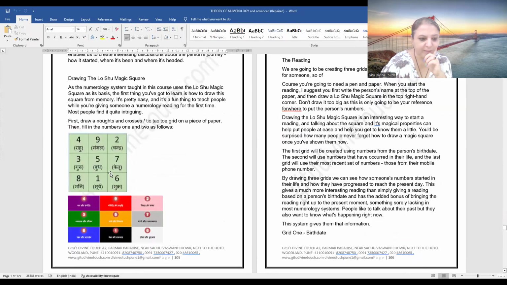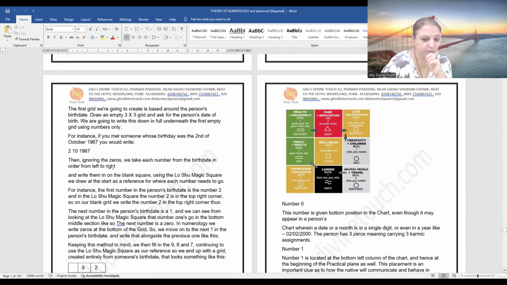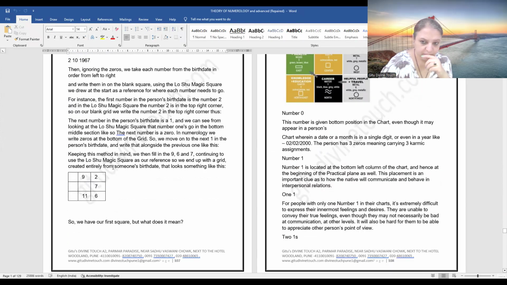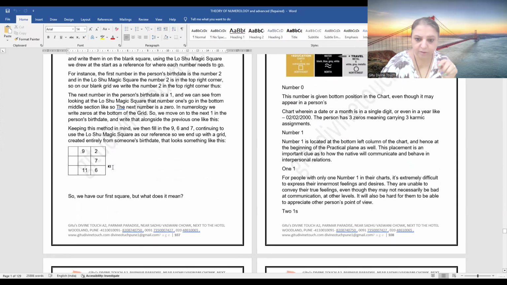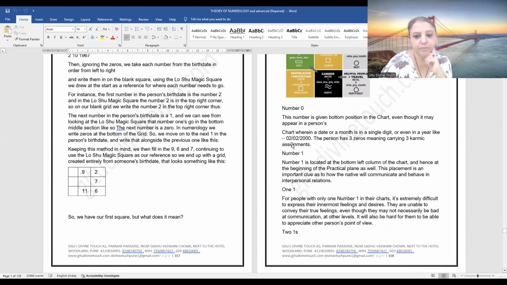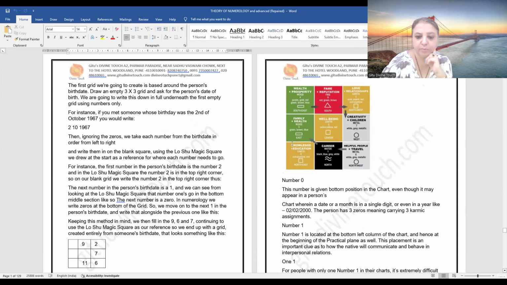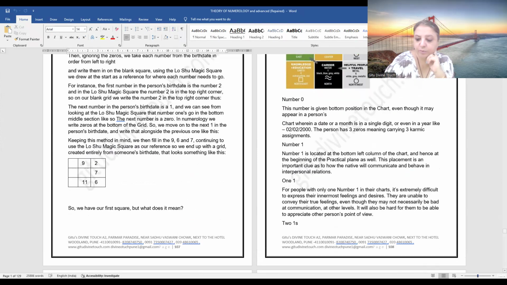So we have to place these numbers in this grid, and colors are marked here. With colors, we can balance these numbers.